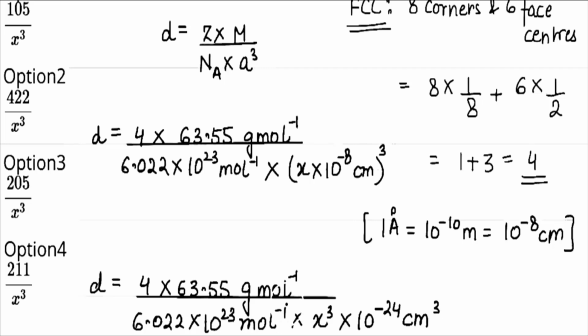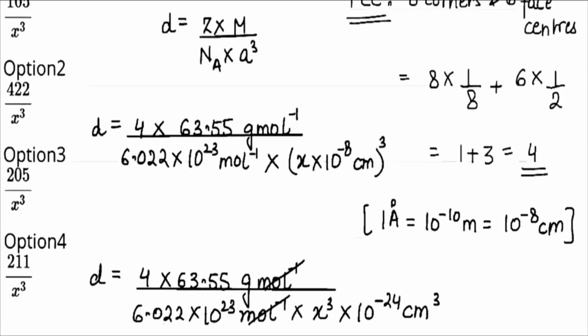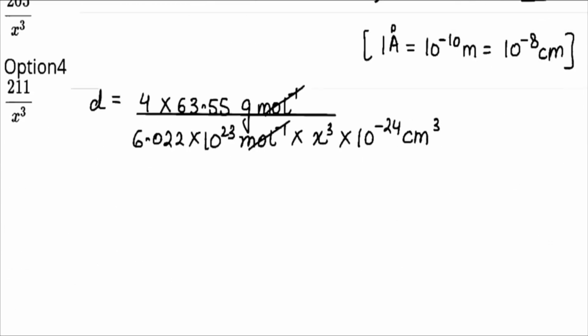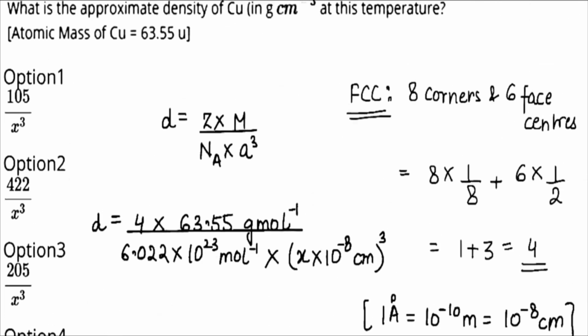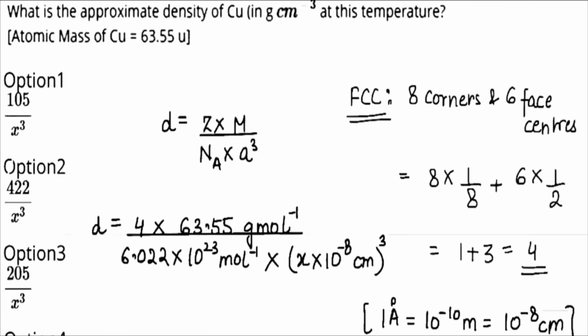So from here, this mole inverse will get cancelled out, and we'll get the density in gram per centimeter cube. So if we solve this, we'll get density is equal to 422.1 divided by x cube gram per centimeter cube. So our correct option will be option 2.